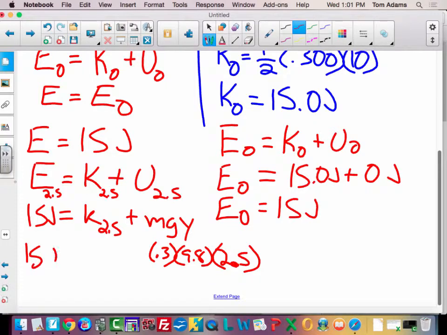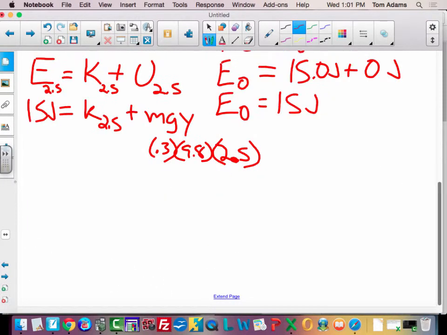So kinetic energy at 2.5 plus this stuff should equal 15 joules. All this stuff should be in joules.